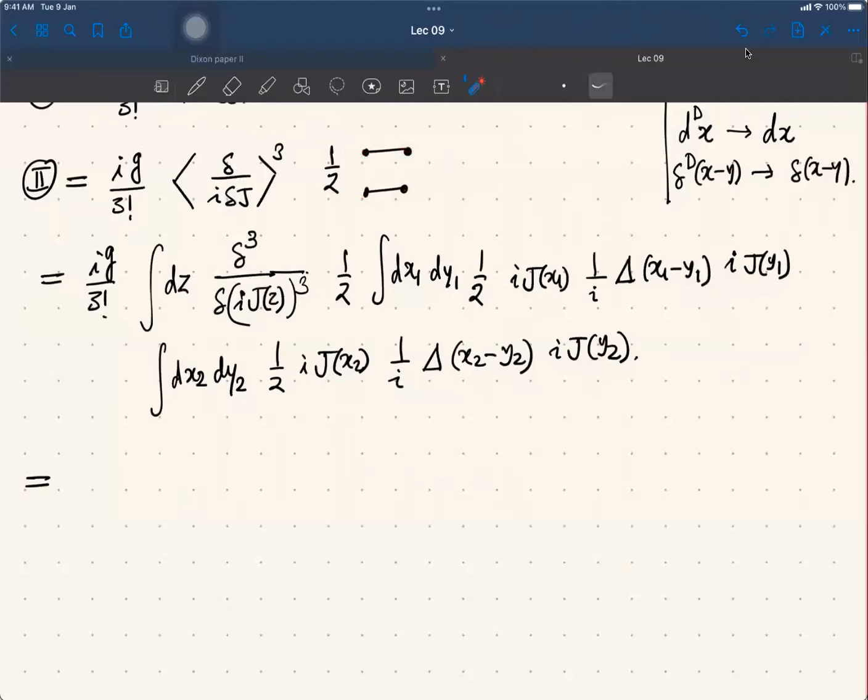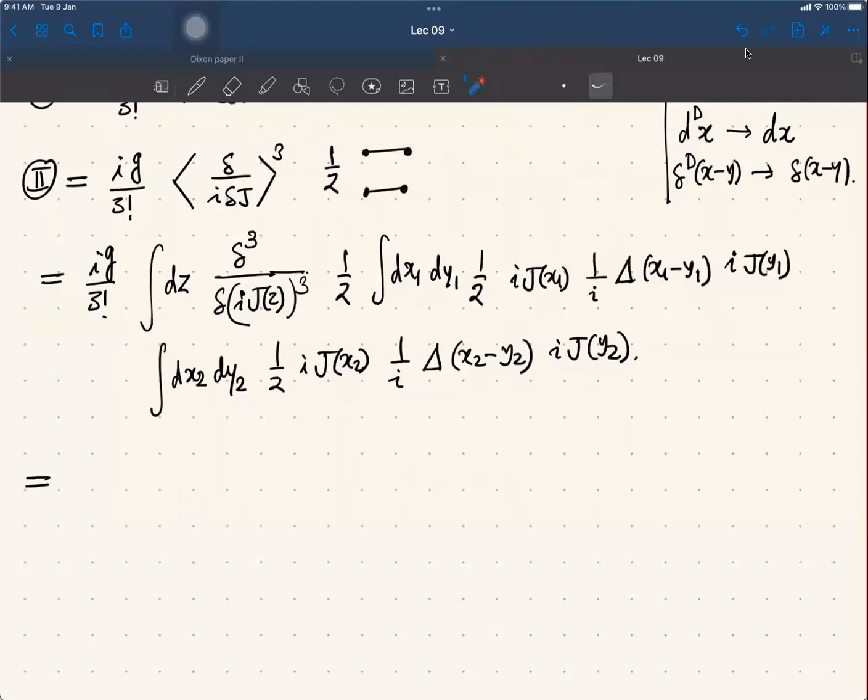It doesn't matter, the final result will be the same, because whatever the dots on which the derivatives are going to act will become z, this one, and the other one will remain free, and in the Feynman rule, every dot has an integration associated with it.